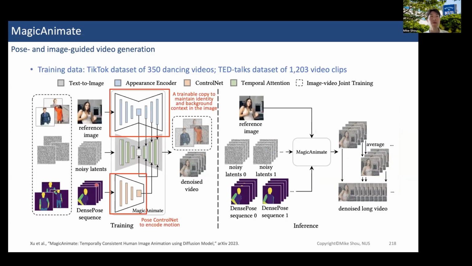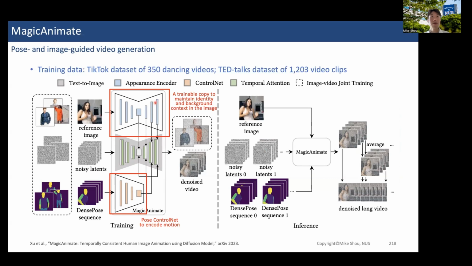So this is our framework, and we tested it on two different datasets. One is TikTok, a dancing video dataset. Another is TED Talks videos, where we have people giving TED Talks.